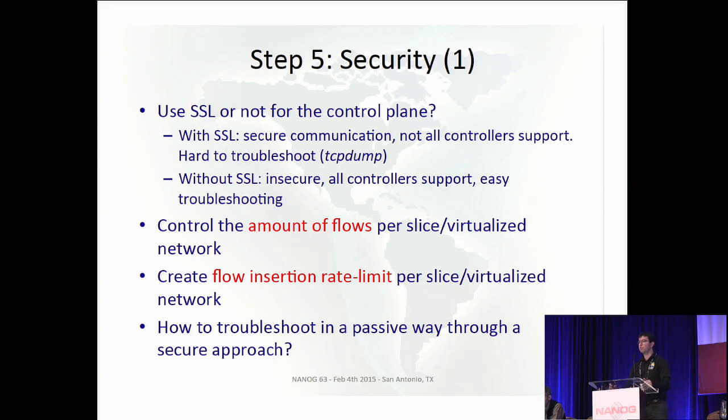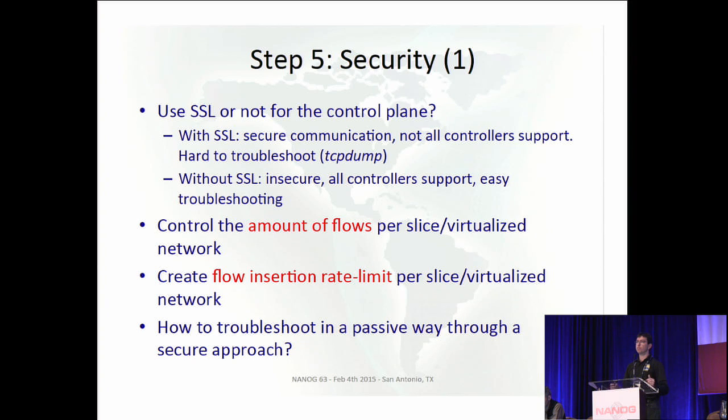Security, of course, has a lot of things. For example, the communication between the switch and the controller should use SSL or not. At first shot it looks obvious, let's use SSL. But as everything here is new, the code inside the switch is new, the controller is new, the application is new, it makes it a little more complicated to just use tcpdump for troubleshooting. So we decided not to use it because we have a very controlled approach.